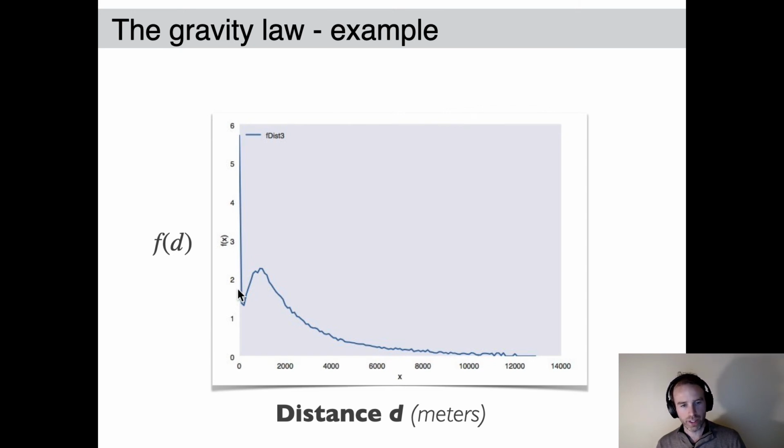What is interesting here, and important to show, is that it's not monotonous. It has this property of decreasing in the beginning, then increasing, and then decreasing more as expected according to the distance. Here the distance is in meters, and what it tells you is that the distance which is most favorable for people to use a Velov bicycle is about 1 kilometer.